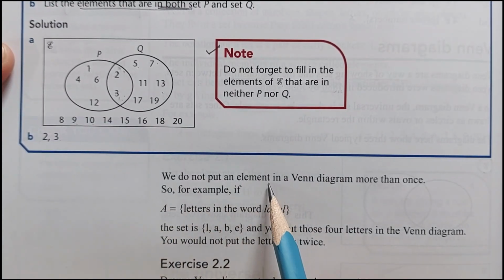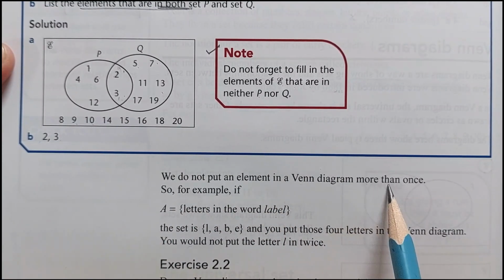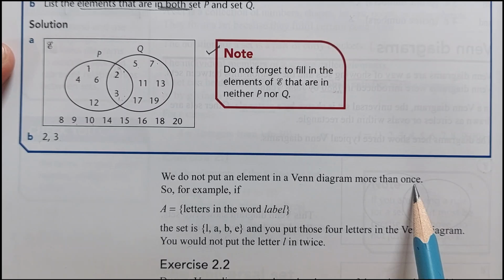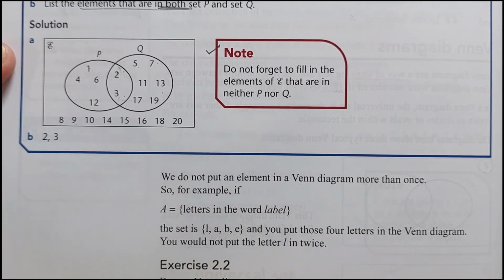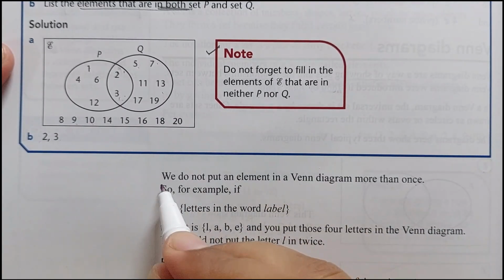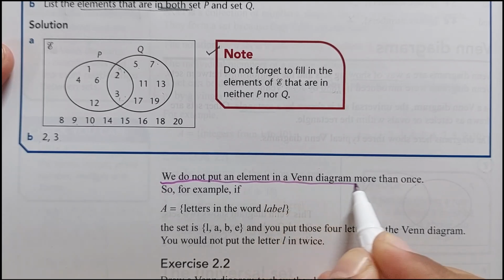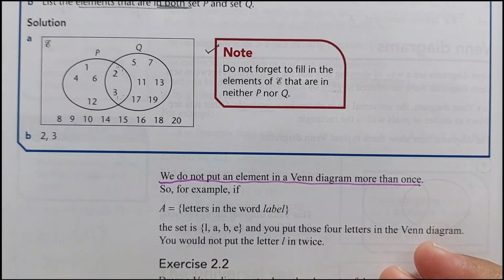Okay, now let's move further. We do not put the elements in a Venn diagram more than once. This is an important point: we do not put an element in a Venn diagram more than once. We can put it just one time.